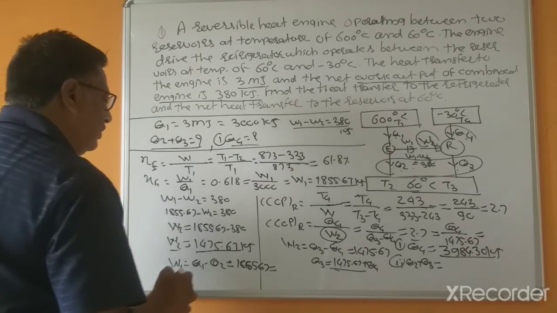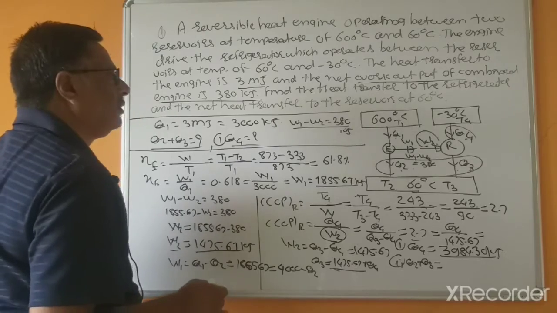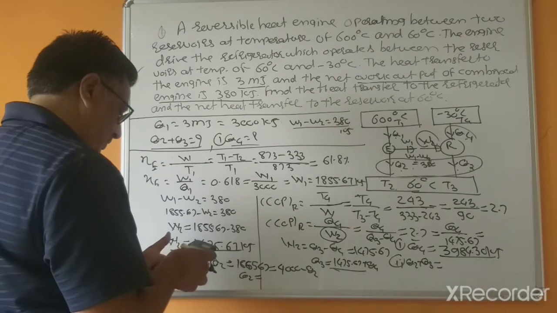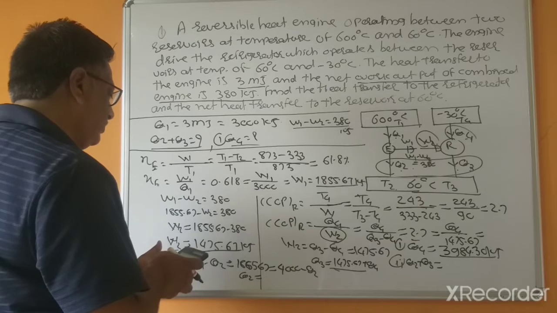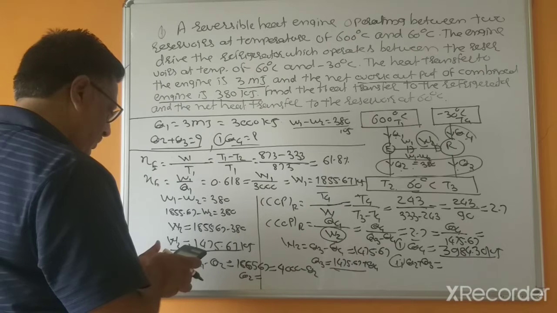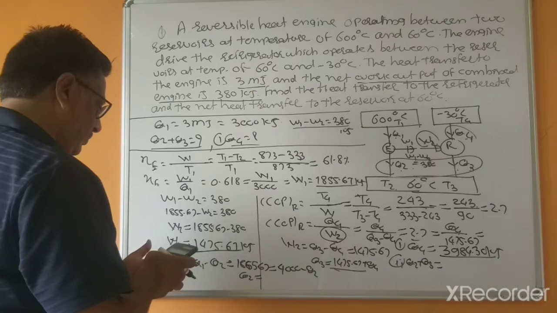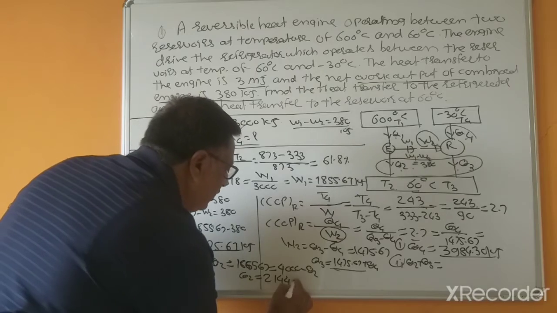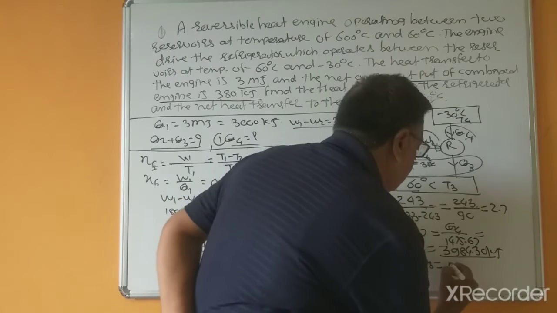This is equal to Q1 equal to 4000 minus Q2. That's why Q2 equal to 4000 minus 1855.67. This is equal to 2044.33 kilojoule.